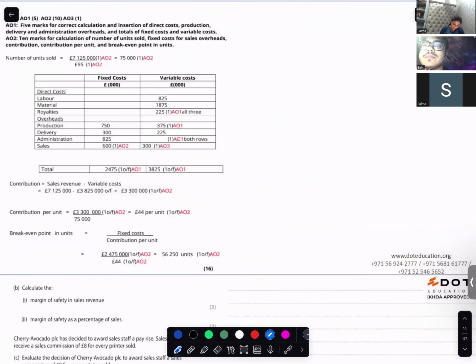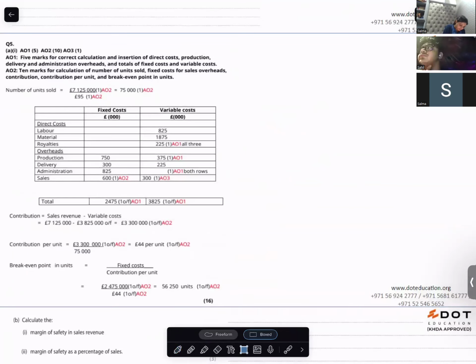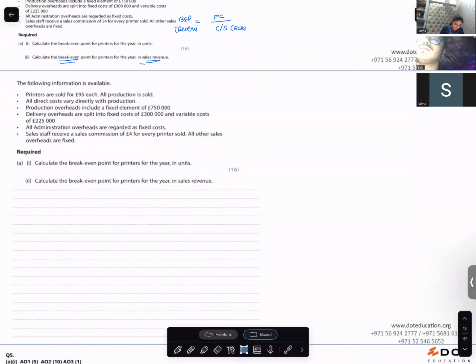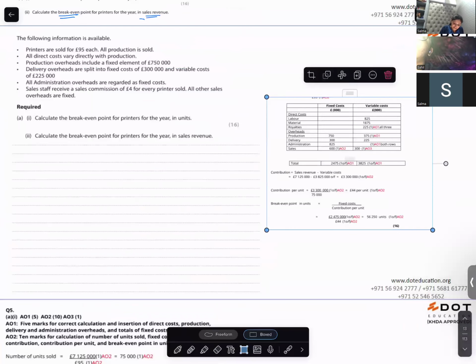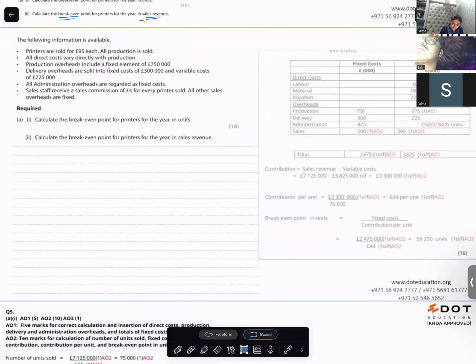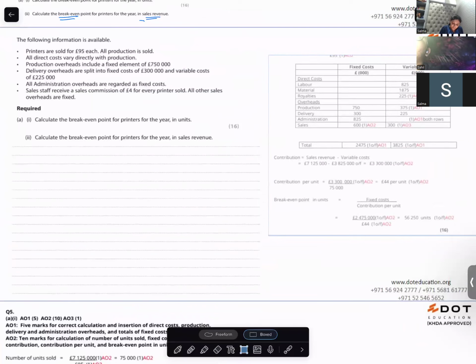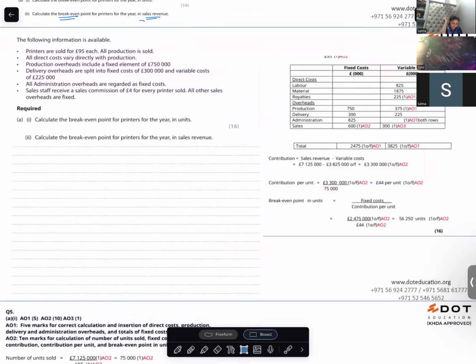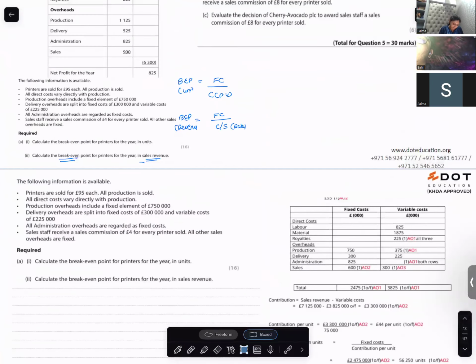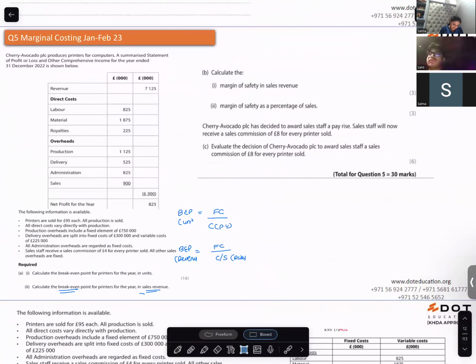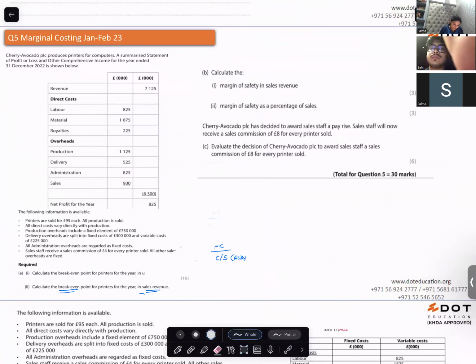Let's read the question together. Cherry Avocado PLC produces printers for computers.